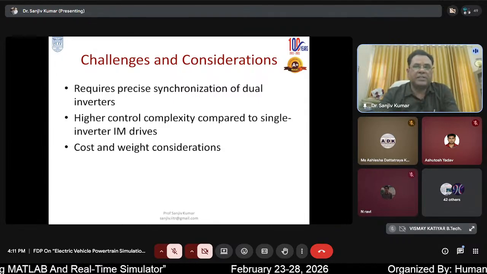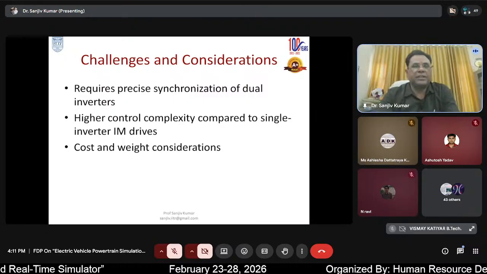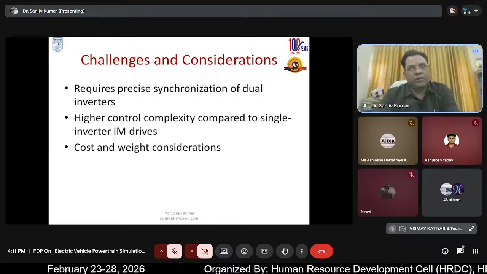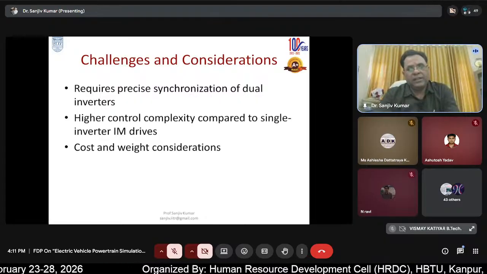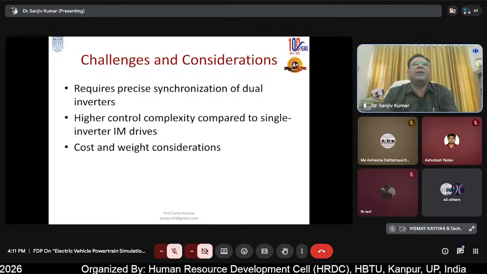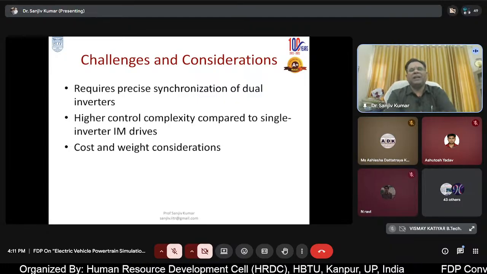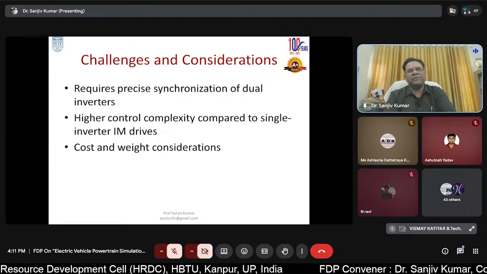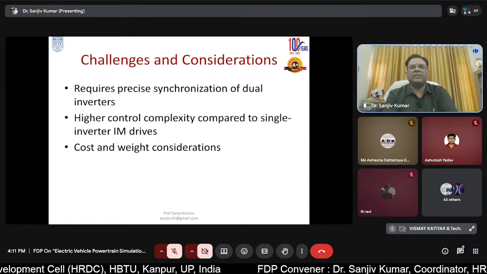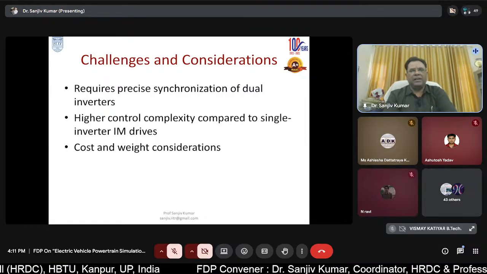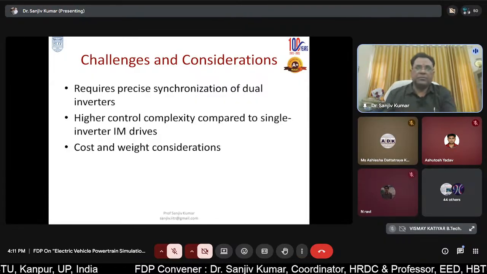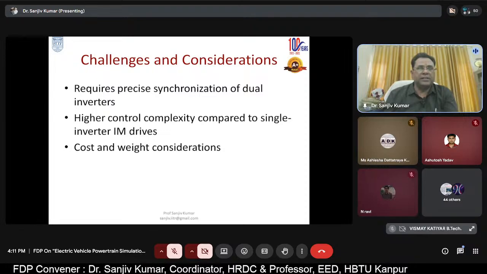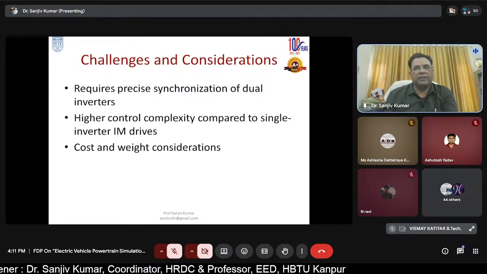That is the first challenge. Then the control complexity is higher compared to a single inverter system, but that is not a big issue, because once you program it, it runs automatically. And cost and weight consideration is also another thing.